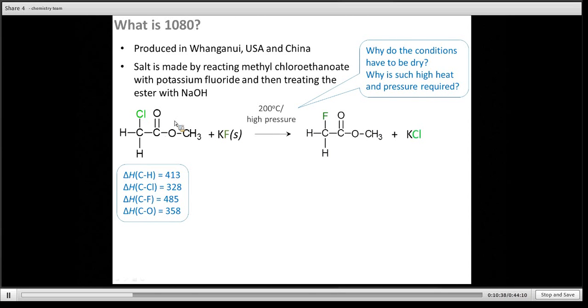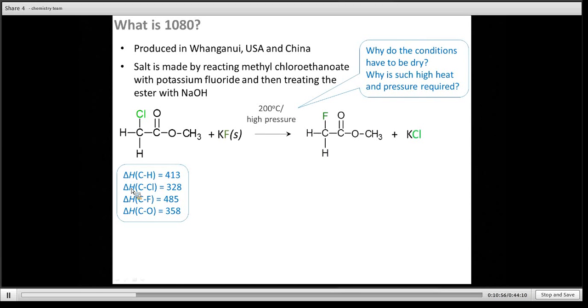So we don't want it to react with this carbonyl. Remember, this was your reactive center. If you think of your organic chemistry, you want it to react with that carbon. Now, what I've got here is a list of bond energies, which you would have done also in level 2.